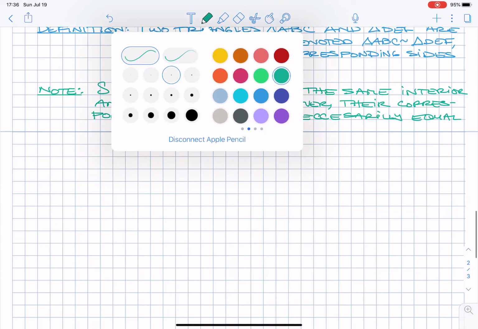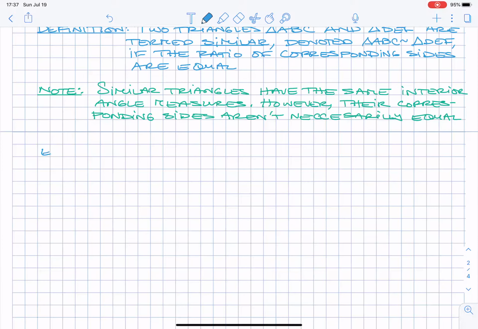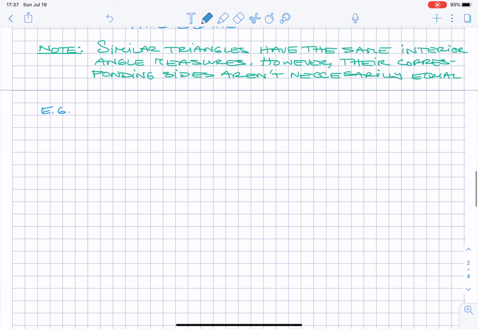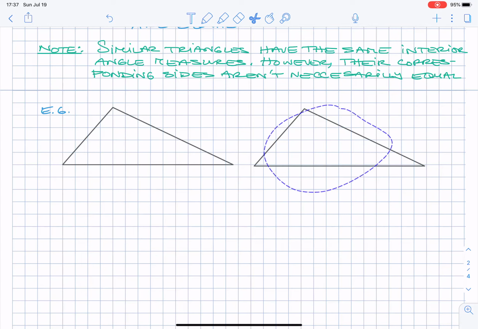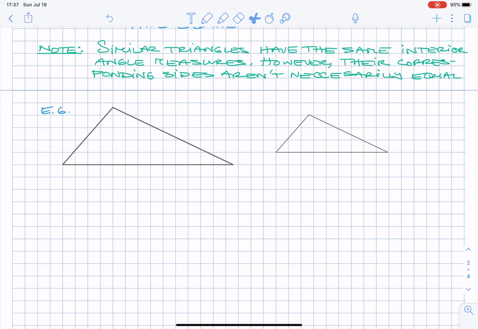So for example, let's say I have triangle ABC. Let me make this fairly pronounced. So I'm going to copy and paste, and what I'm going to do is make this a bit smaller. Okay. So on the left, we have triangle ABC, A, B, C. And on the right, we have triangle DEF.